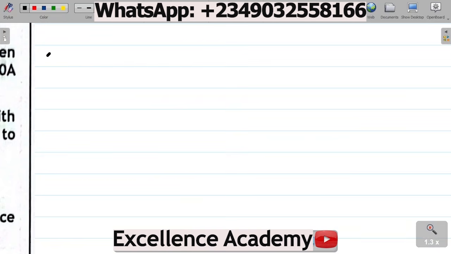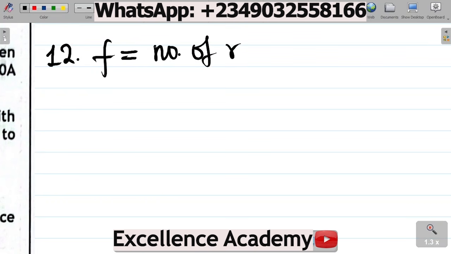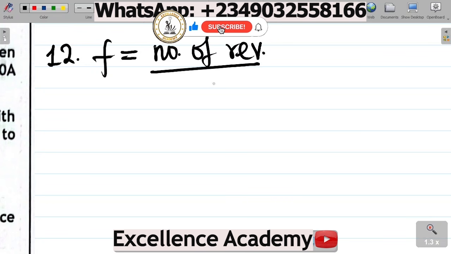So for question 12, you want to know that the formula there is that the frequency f is equal to the number of revolutions all over the time. In the question, they said, what is the frequency if a balance wheel makes 90 revolutions?